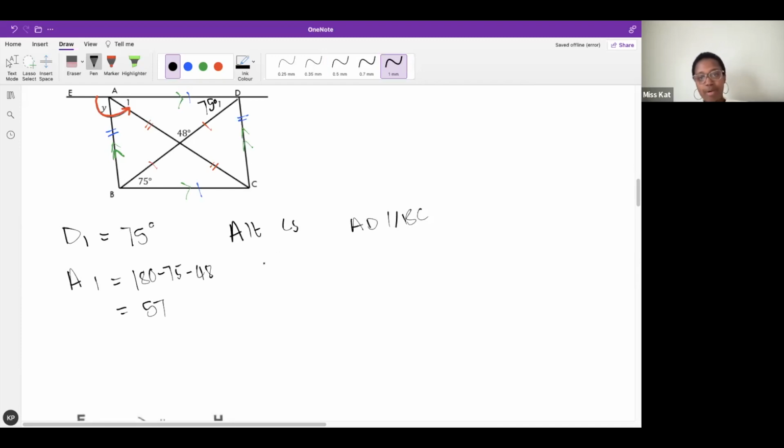And my reason is sum of interior angles of a triangle. So now we have A, guys, 57. We're almost there. Bokang, do you know what we have to do next?